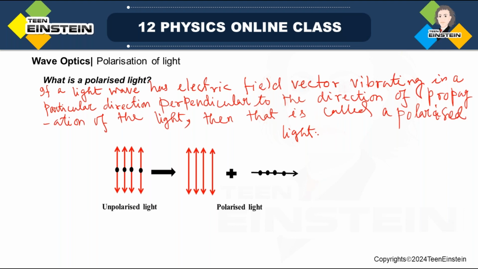So if a light wave has electric field vector vibrating in a particular direction perpendicular to the direction of propagation of the light itself, then that light is called polarized light.